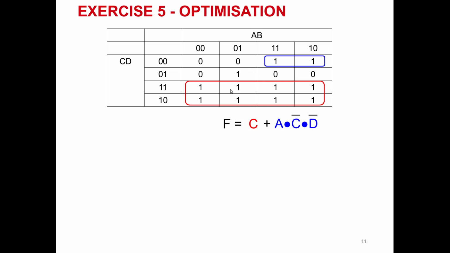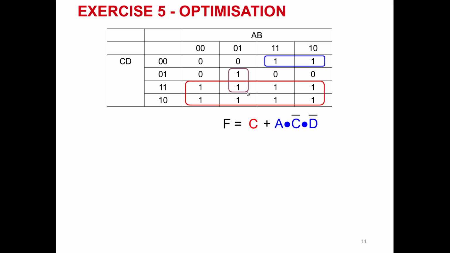So we take these two elements together, and we can see that for this output, the output value didn't rely on C, because C can either be 0 or 1.